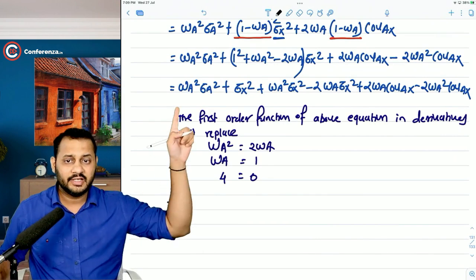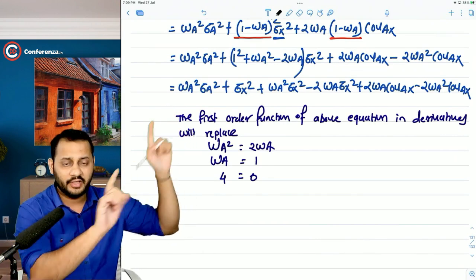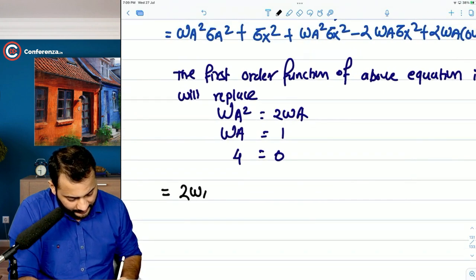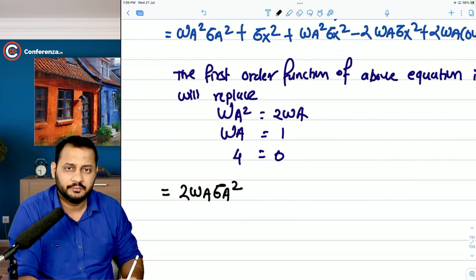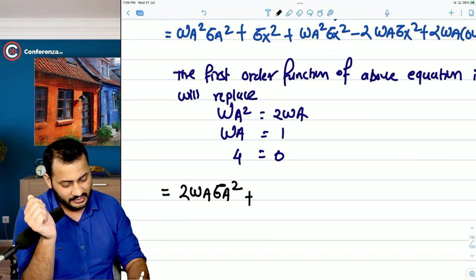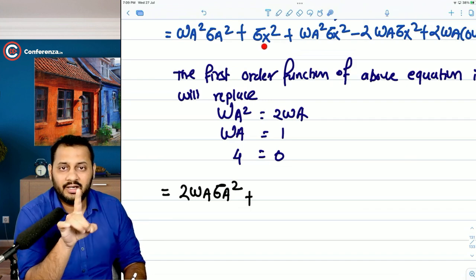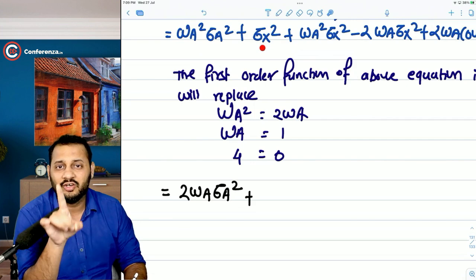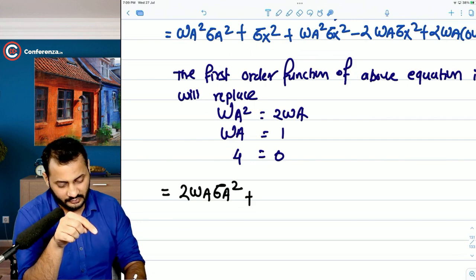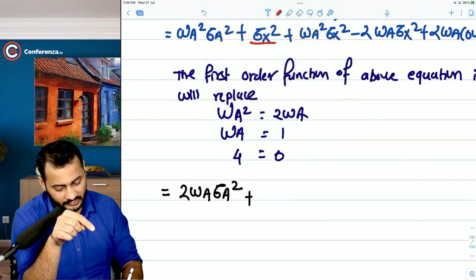This weight of a square will become 2 weight of a. We can write it as 2 weight of a standard deviation of a square. Am I right? Standard deviation of a square will remain as it is. Plus, see, this particular part does not include weight of a, and it will be treated as a constant. I will just write it down so that this is constant.